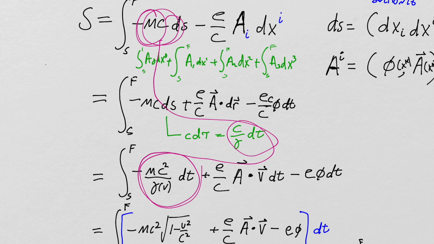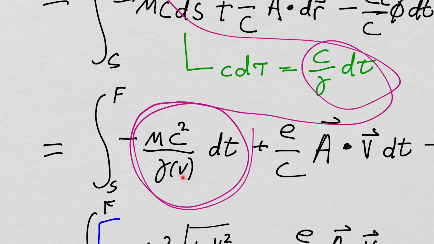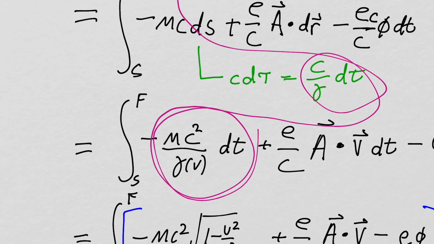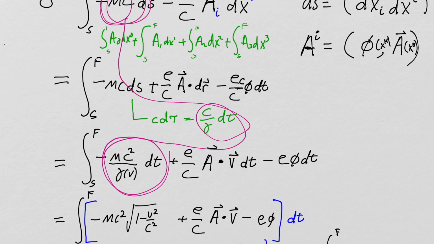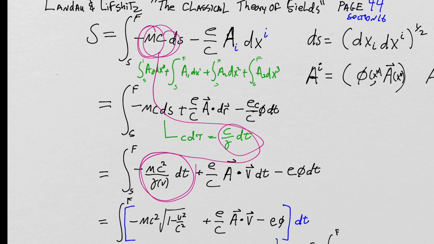Because you've got an mc in our free particle Lagrangian, and then you pick up another c here when you convert ds to laboratory time, and then gamma is a function of the velocity of the particle, and that lands up as an argument of gamma, right? So gamma is a function of the velocity of the particle.